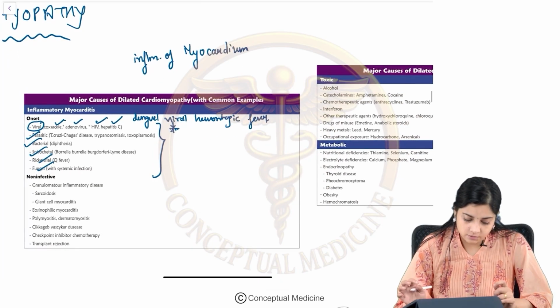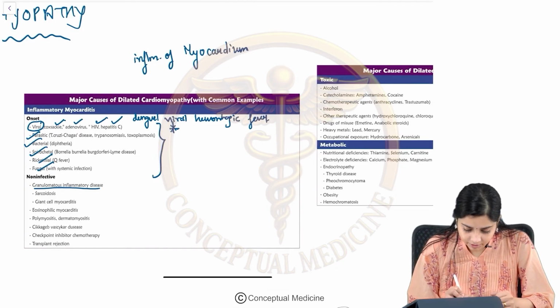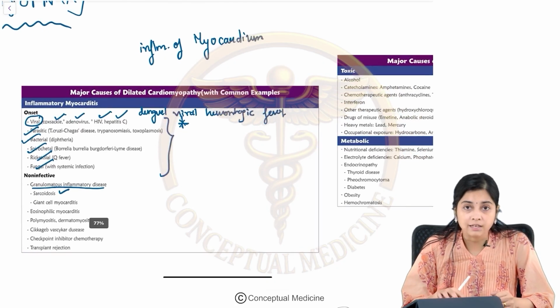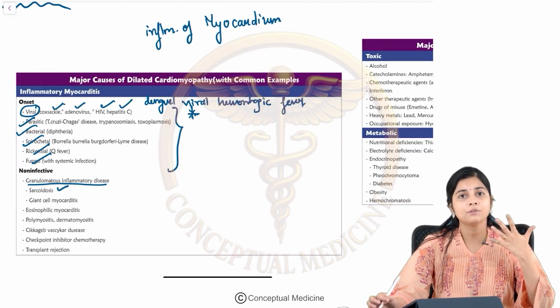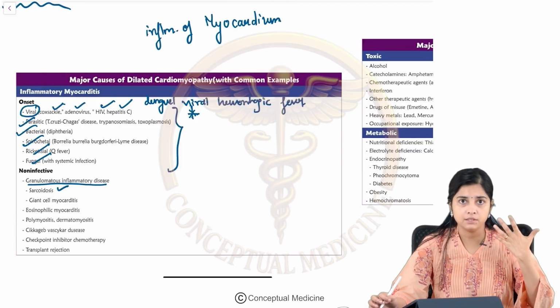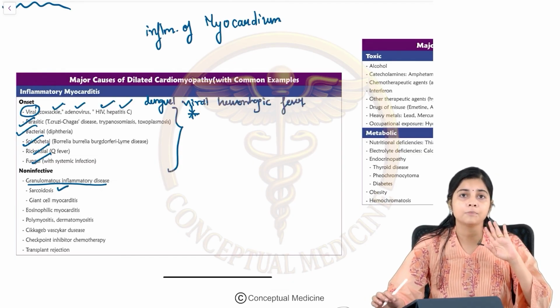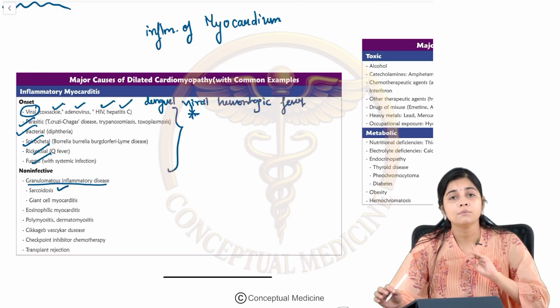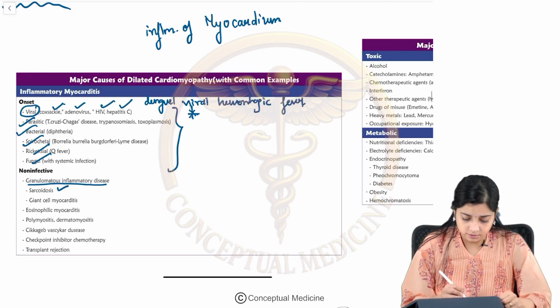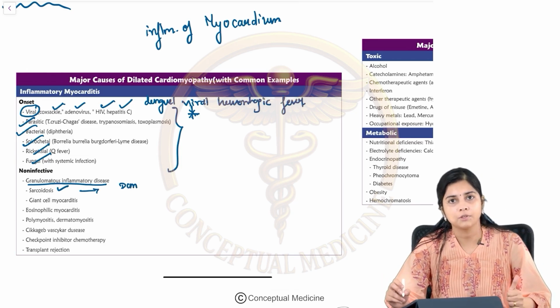Okay. Let us look at non-infective causes. So inflammatory diseases, especially sarcoidosis. So you would have all known that sarcoidosis is an infiltrative disorder. So sarcoidosis generally causes restrictive cardiomyopathy is the opinion that most of us have, but the most common cardiac manifestation of sarcoidosis is actually a DCM or a dilated cardiomyopathy.